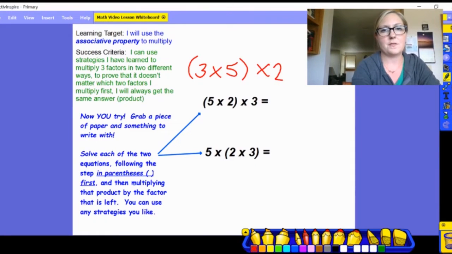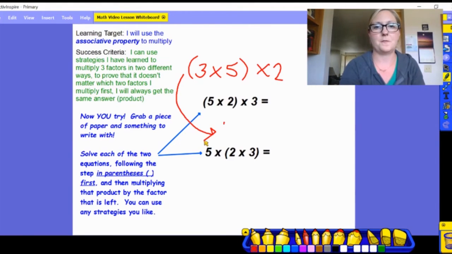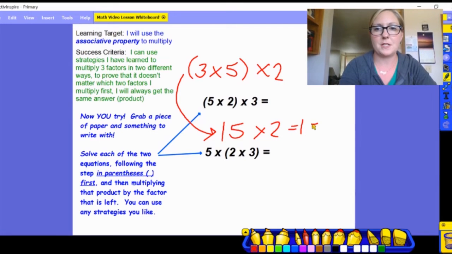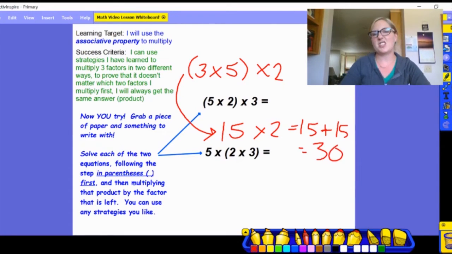I could have done 3 5s, 5, 10, 15. And then 15 times 2 would be the same as 15 plus 15, and that would still equal 30. So we'd get our same answer again. I just thought I would show you, you could also move your factors around if you wanted to.